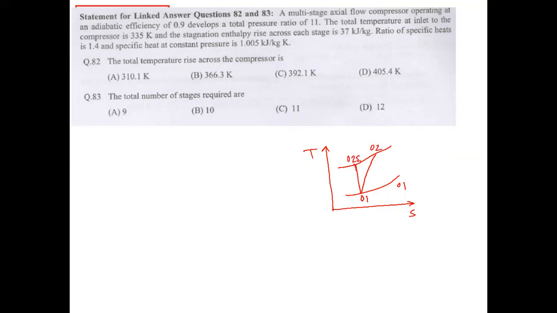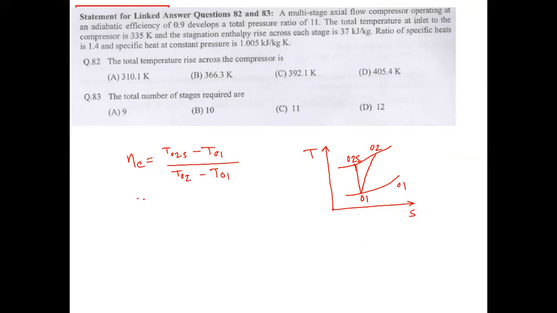And this S denotes the condition if the flow was isentropic. So the efficiency of the compressor, eta C, can be given as (TO2S minus TO1) by (TO2 minus TO1), where TO1 is the total temperature of the flow at the entry of the compressor, TO2 is the total temperature at the exit of the compressor in the real case, and TO2S is the total temperature at the exit of the compressor if the flow was isentropic.